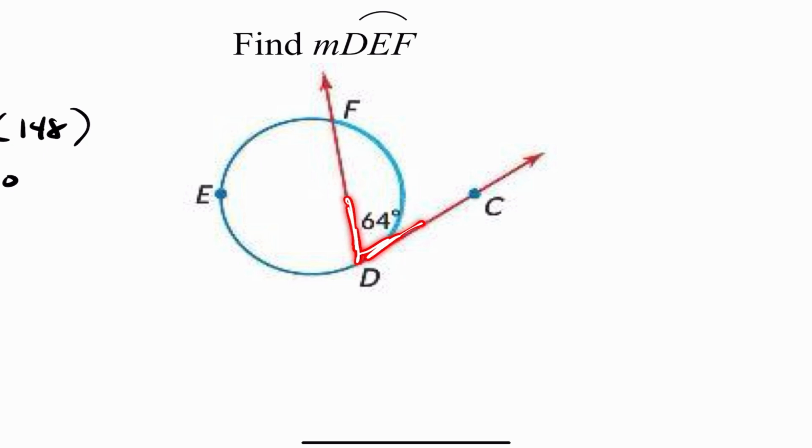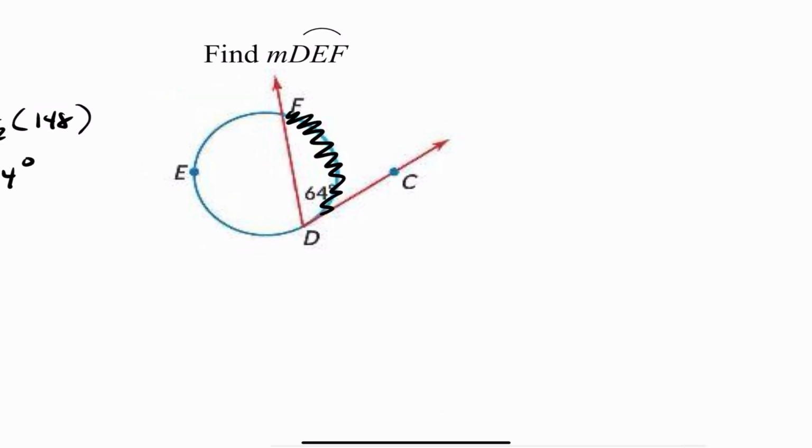This angle is 64 degrees. Okay? It's not involving this arc whatsoever. So what we need to do is develop a game plan. This angle only intercepts this arc. Okay? So let's go ahead and make a note.